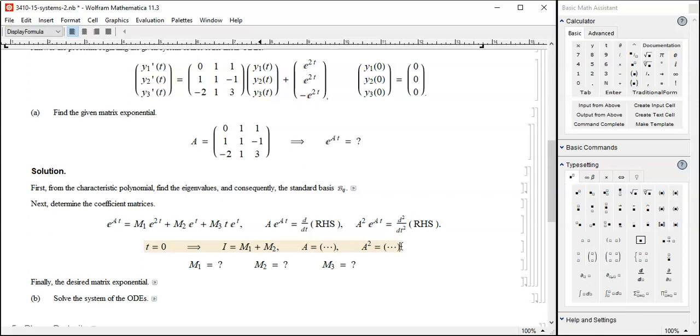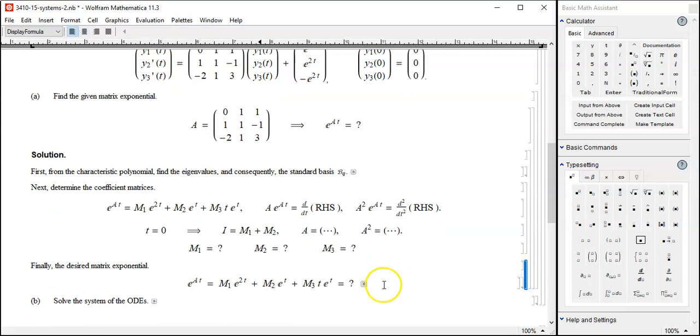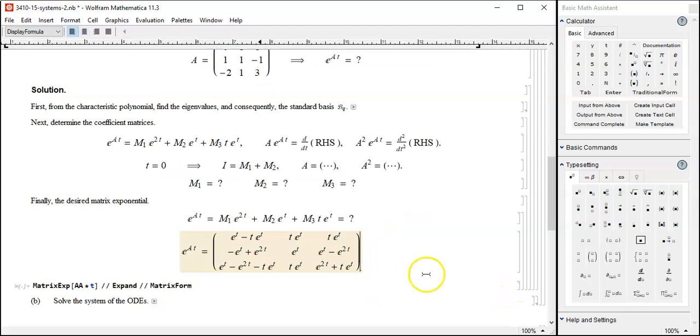Use some typical elementary algebraic methods to find m1, m2, and m3 in terms of I, A, and A squared. Once you do that, you're going to get the appropriate matrix exponential. And do I have the answer for that? Yeah, I do have the answer here, but the entire process is missing, and that's your job to fill out.